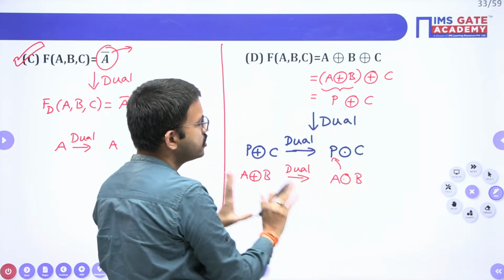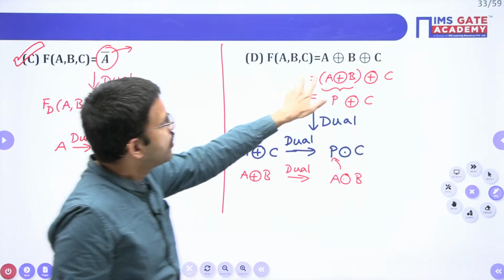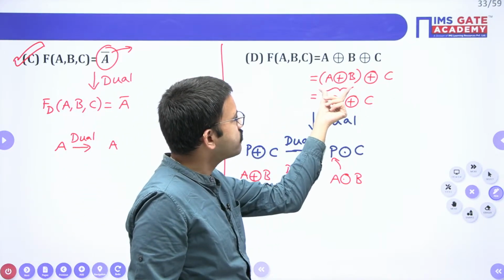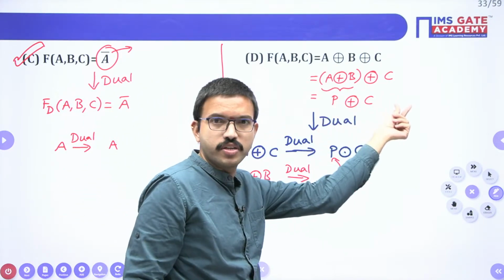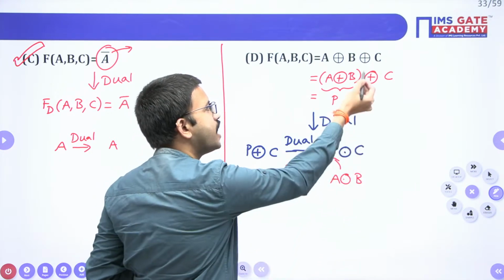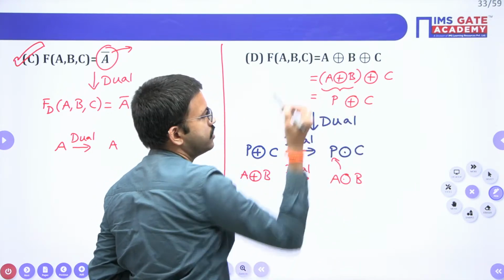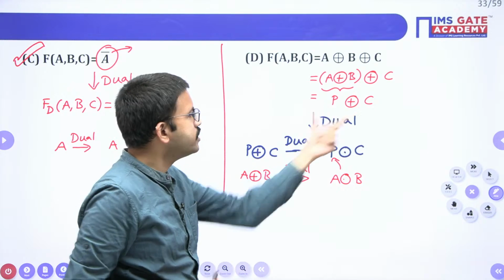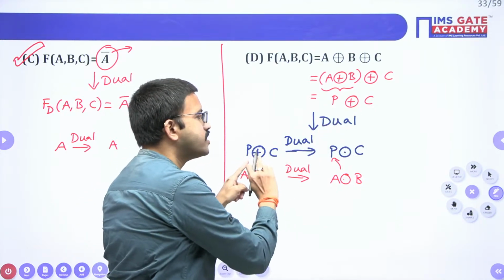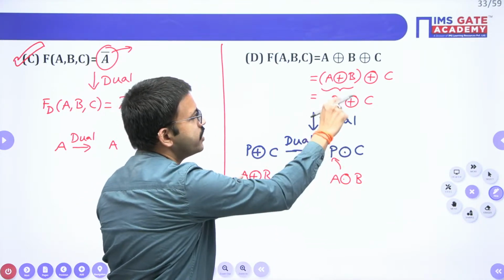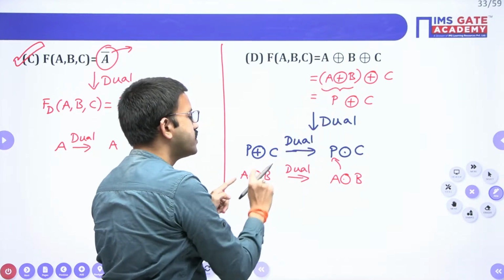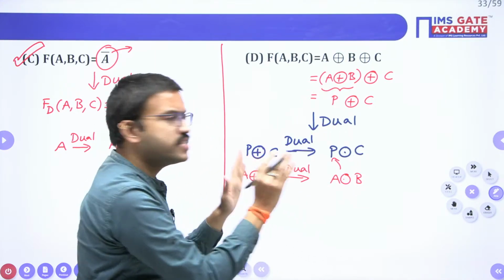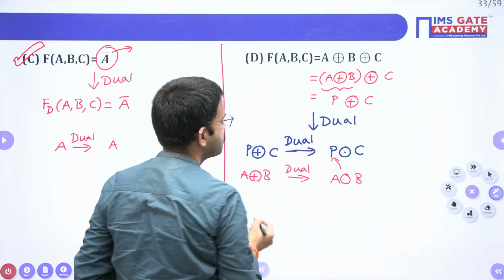I hope up to this point it is clear. It is very simple. Whatever the given function is, I have performed XOR on two variables and then with the third variable. For easy understanding, I assumed this entire thing as one variable. When you have two variables, the dual of XOR is XNOR. Similarly, where P is A XOR B, its dual is A XNOR B. Now substitute the entire thing here.